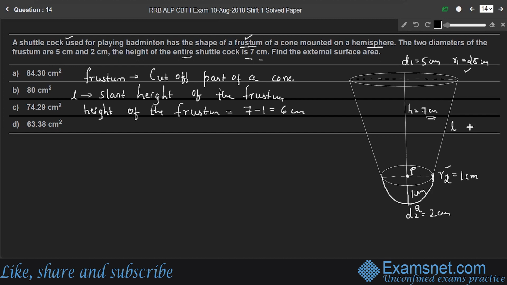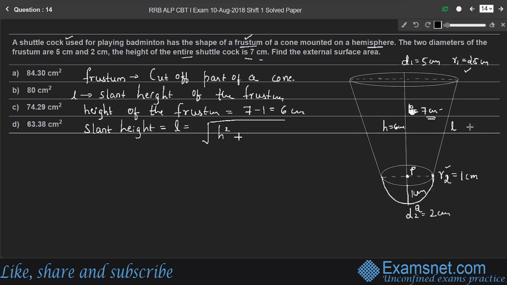Therefore, we'll consider the slant height of the frustum. Slant height L is equal to, the formula we are using is, h square plus, where h is the height of the frustum, which is 6 centimeter.